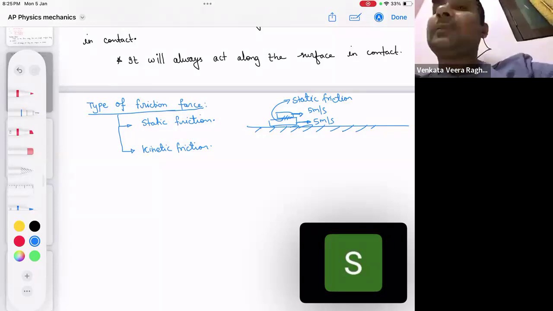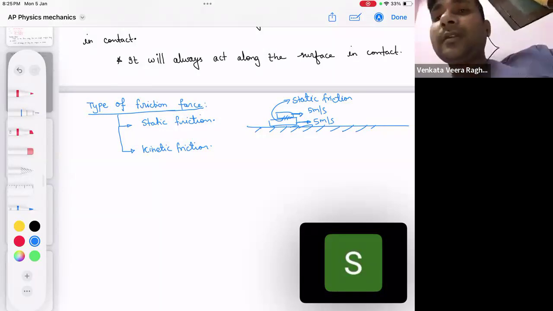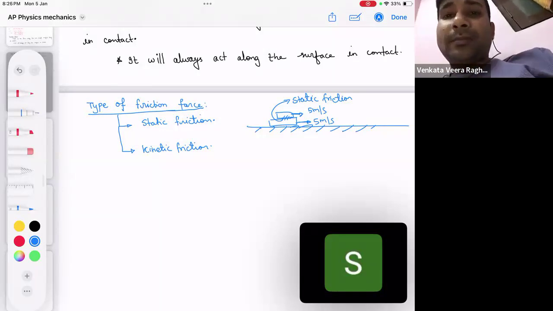If they are sliding over each other, apply the kinetic friction. If they are not sliding over each other, then apply the static friction. Is that clear? Please tell me.